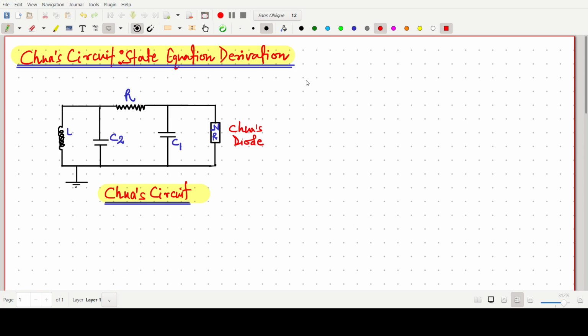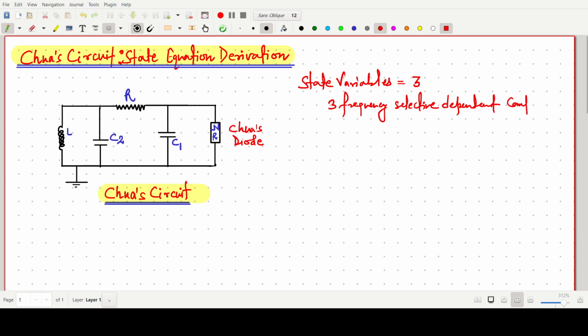We can say there are three state variables, because three frequency selective or dependent components are there, like the inductor and the capacitors C2 and C1.